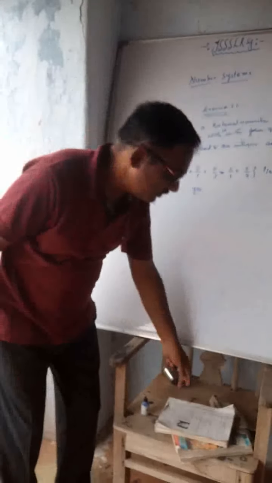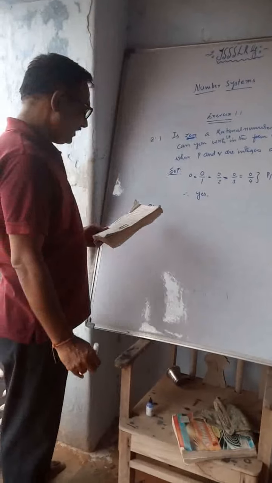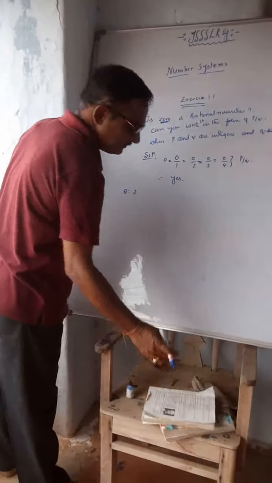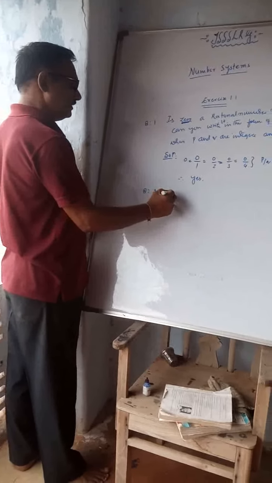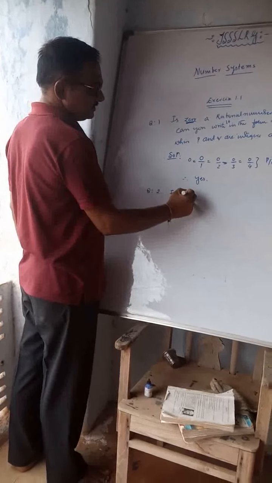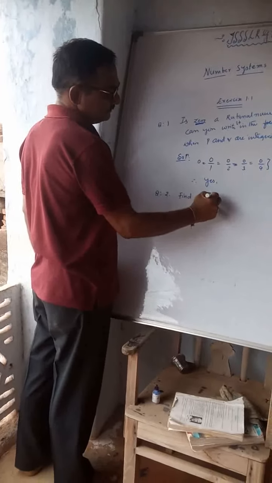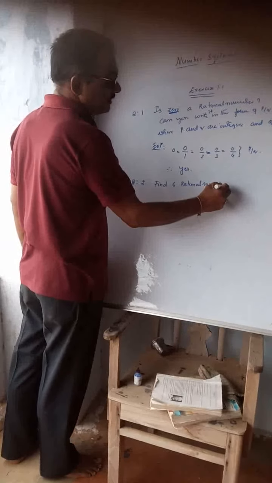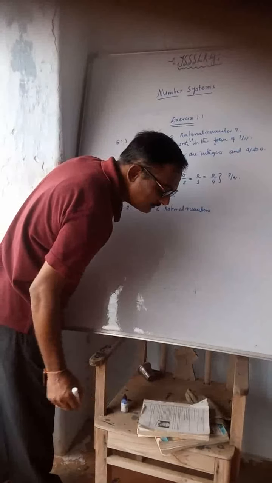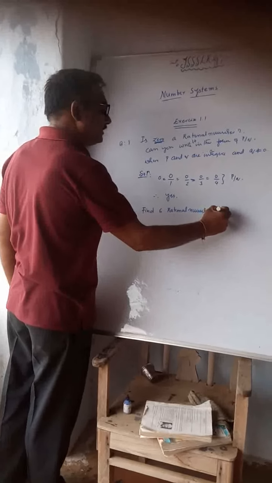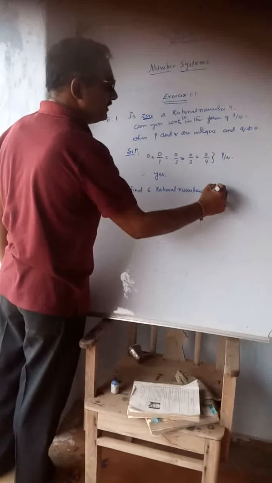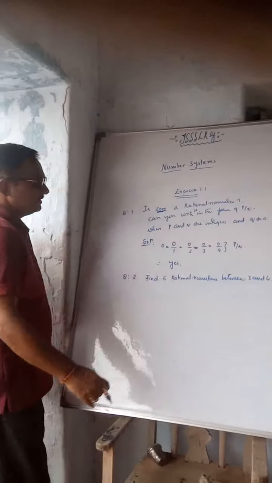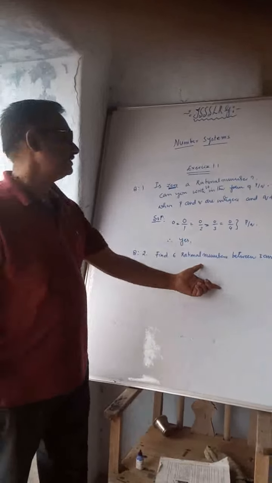Okay. Now we will go for question number 2. The question is, find 6 rational numbers between 3 and 4.